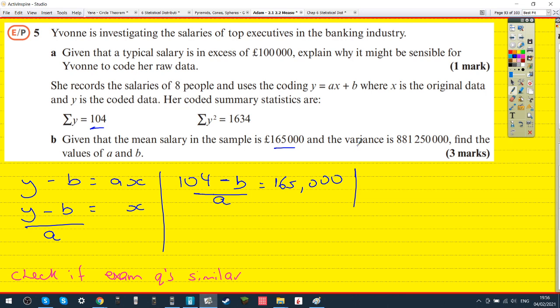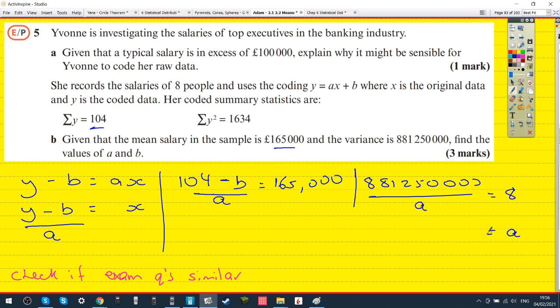With variance, I believe you don't subtract, isn't that right? You don't add or subtract? Oh, okay, so it's that over a. I think so. But you need to divide it by 8. So that over a gives you 8. Yeah, so divided by 8, what do you get?